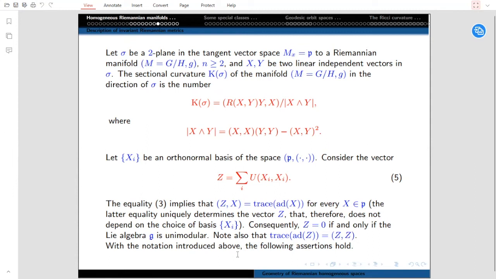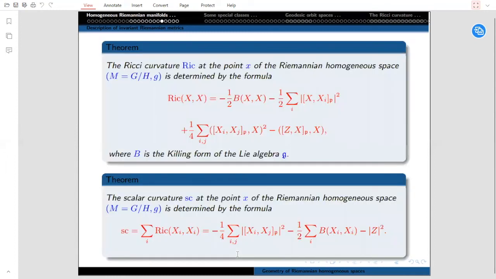With this notation, with this vector z, we can consider a very useful formula to calculate the Ricci form, Ricci of x, x.